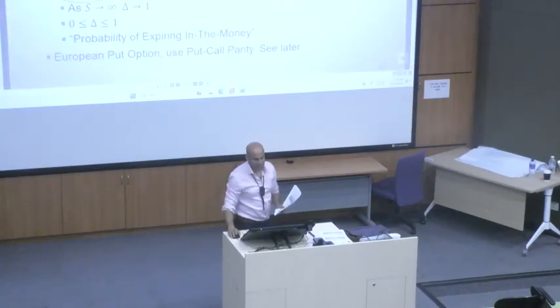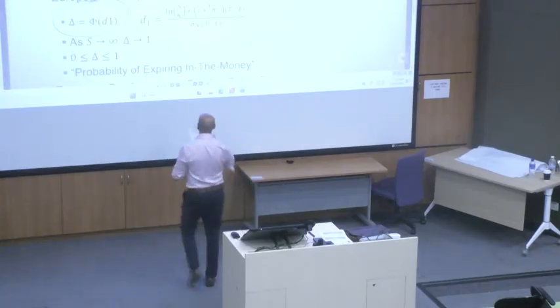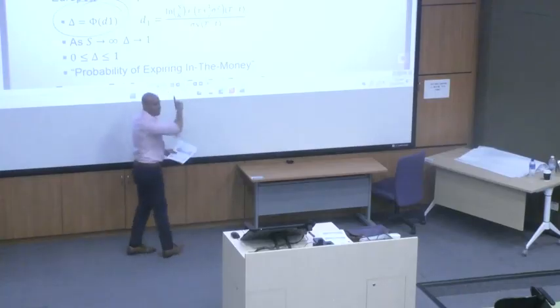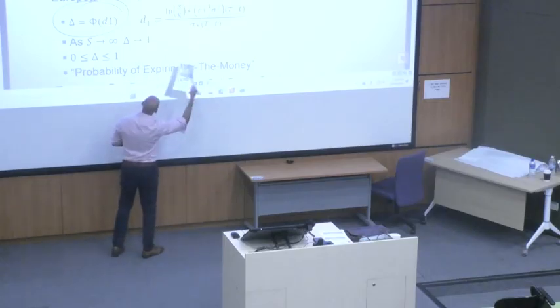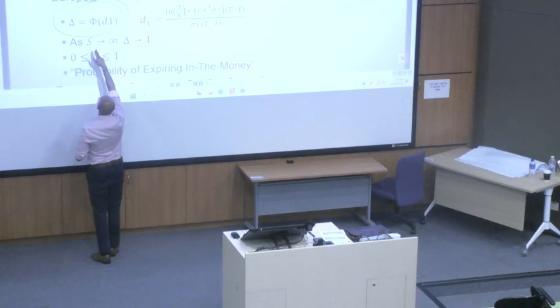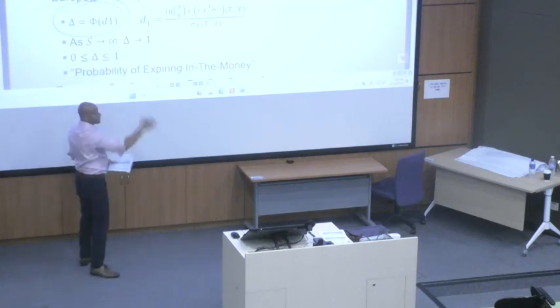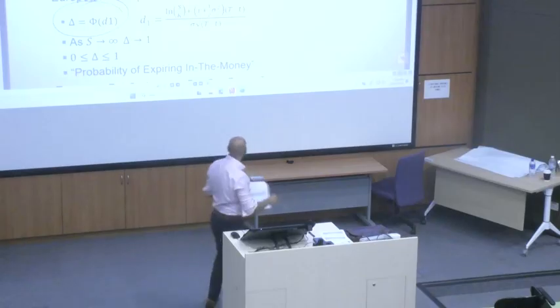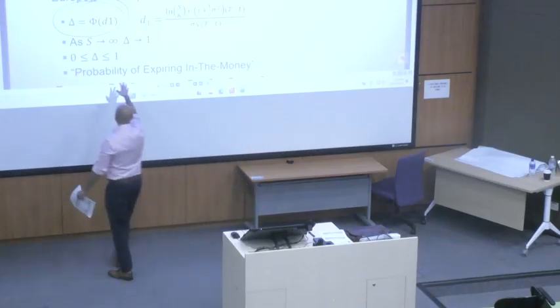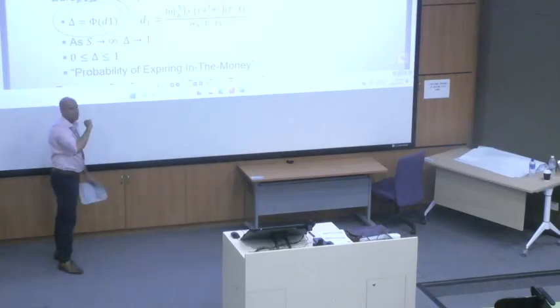It's not too difficult to see because I've given you all the clues. As S goes to 0, what happens to the log at 0? Minus infinity. So d1 goes to minus infinity. The cumulative distribution function at minus infinity is 0. So it all just works out.